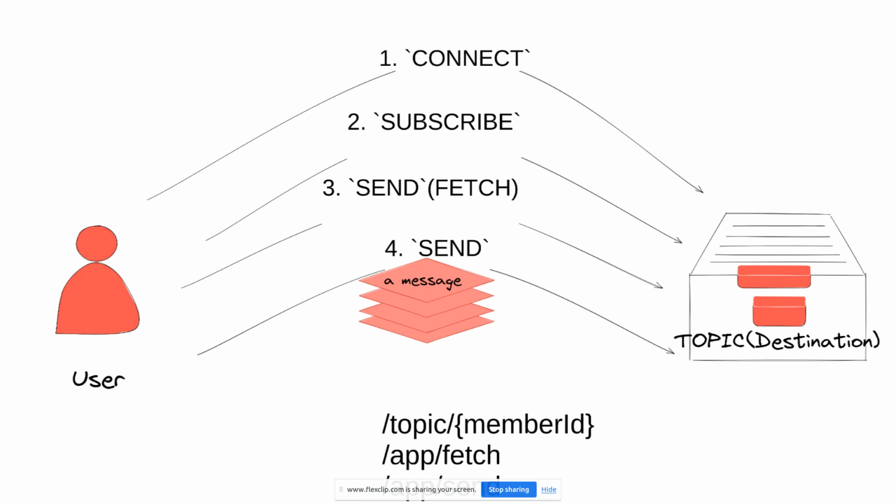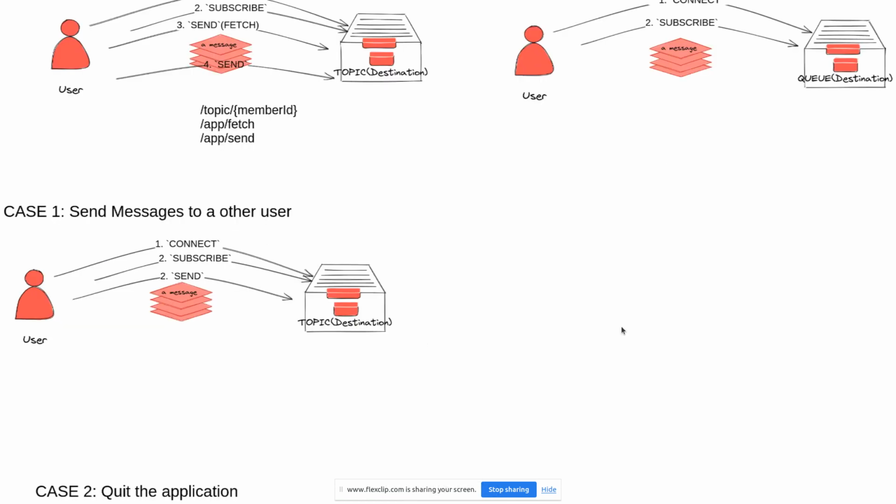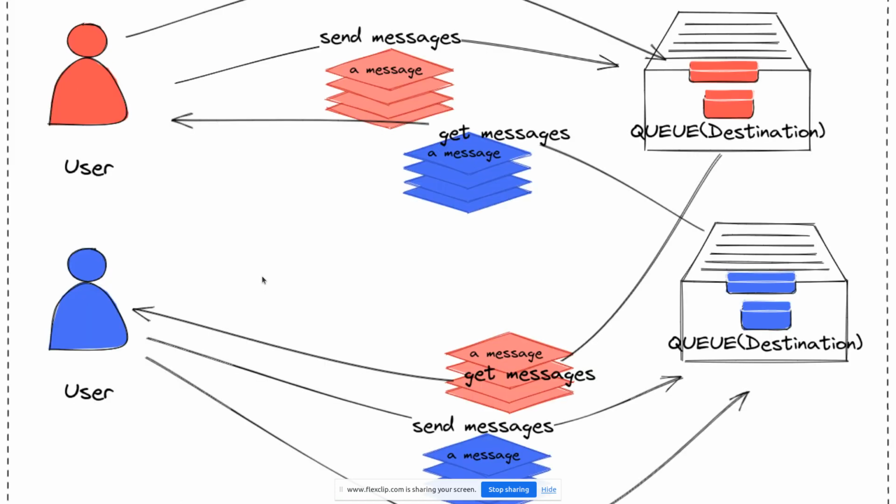And this is more example. There's connect, subscribe, and fetch. And if you want to send a message to another user, you connect and subscribe first, and you have to send after that.